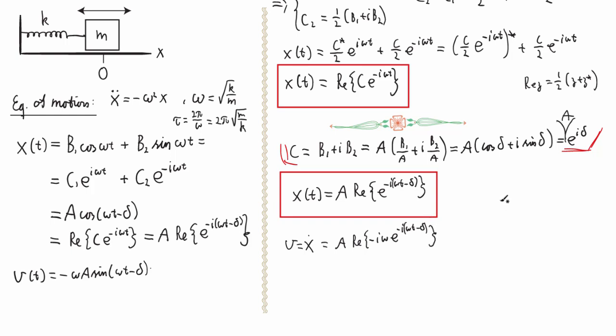Now, if we have an imaginary number, like I times a, and we multiply that by minus I, that's minus I times I times a, which is a real number a. Right, so when we take the real part of minus I times a complex number, what we get really is the imaginary portion of it.